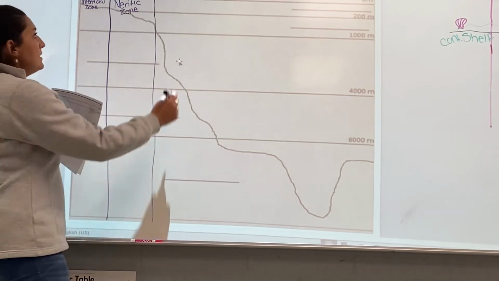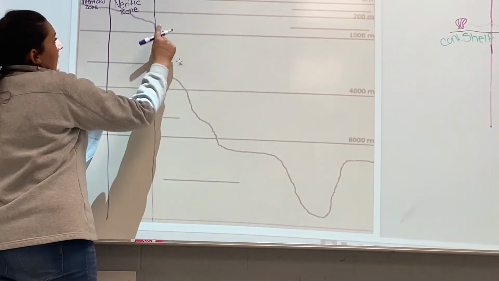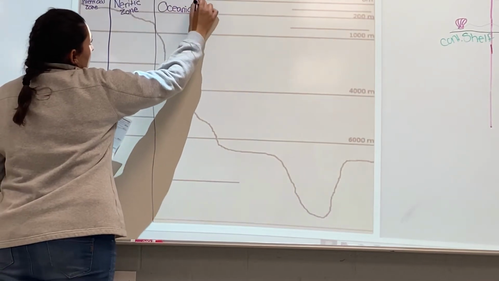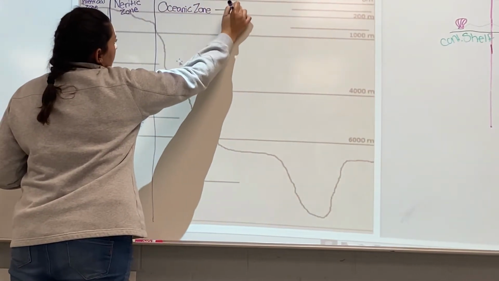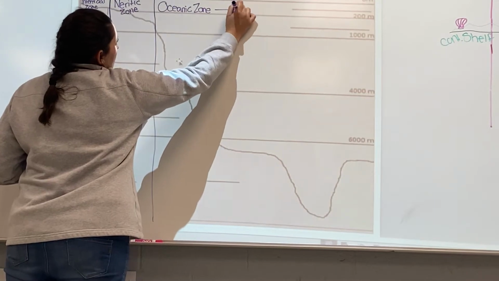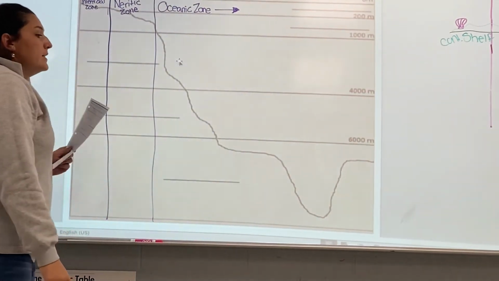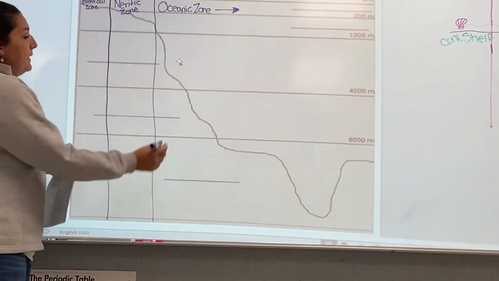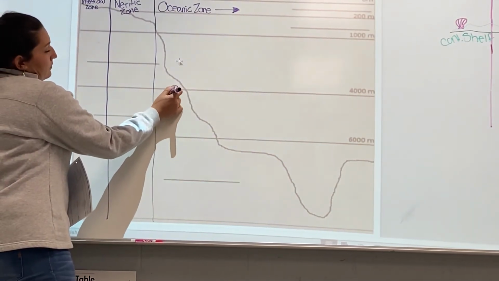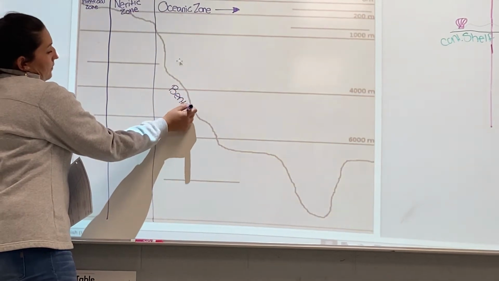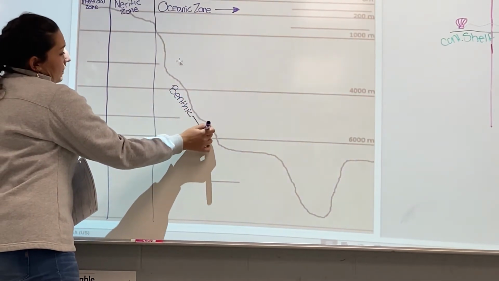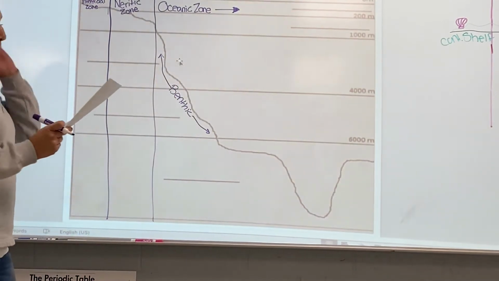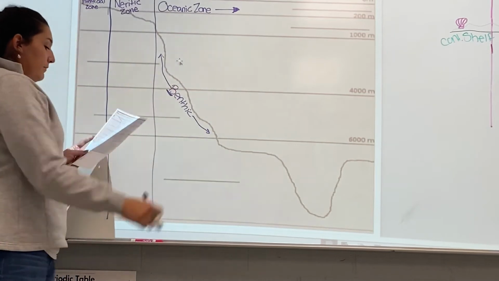The oceanic zone starts at the continental slope and extends out into the open ocean. The benthic zone is along the bottom, and it's everywhere that touches the bottom of the ocean.